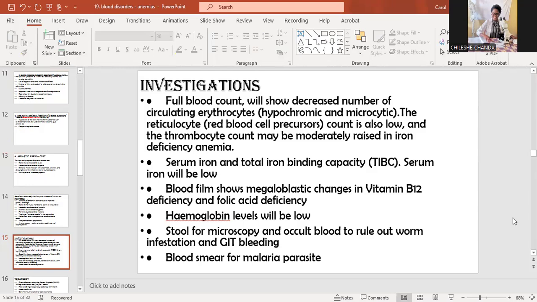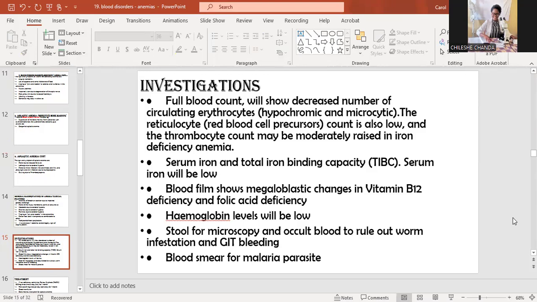You can do a serum iron and total iron binding capacity, and this is going to be low as well. All these things will be low. You can do a blood film which will show changes in the cell structure, the way the cell looks, the size of the cell.